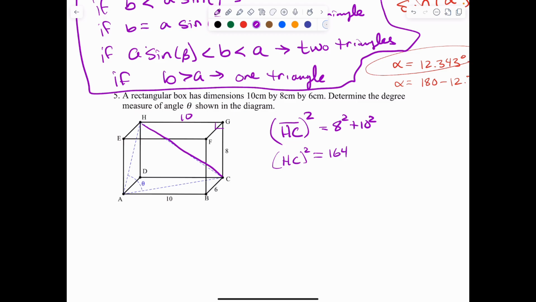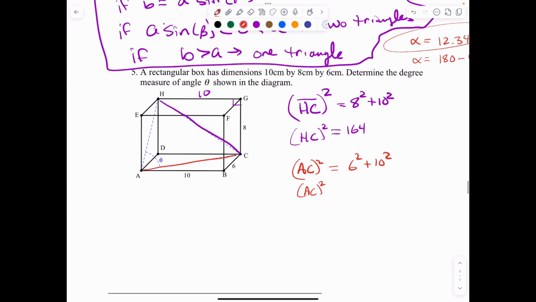Now let's do AC. Let me do this in a different color. AC squared is equal to 6 squared plus 10 squared. You can see that triangle on the floor of the box, if you think of this as a box. So AC squared is going to be 136.